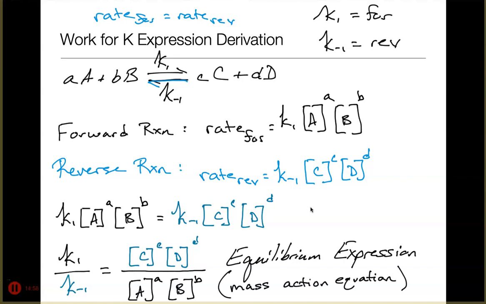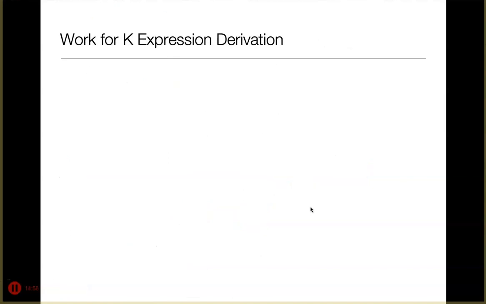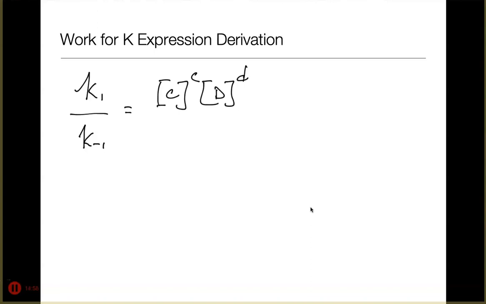But what I'm going to do is take this bottom equation and pull it apart just ever so slightly. Maybe not even pull it apart. Let's just start by rewriting it a little bit more clearly. So we have our expression, D to the dth all over A to the ath, B to the bth.